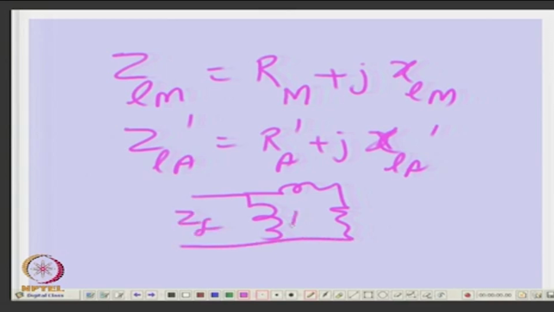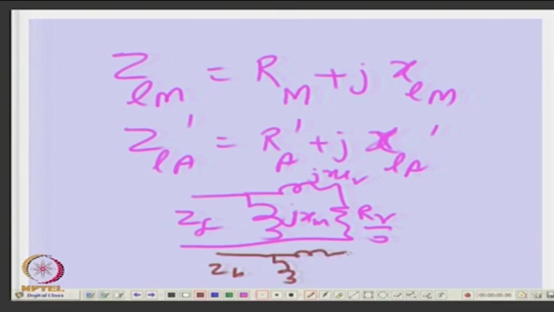This is ZF, this is JXM, RR by S, JXLR, and similarly you know ZB will be an identical one, RR by 2 minus S, JXLR, JXM, okay. So, I think you know all the parameters, right, and you should be able to now calculate the performance of a asymmetrical induction machine with this.